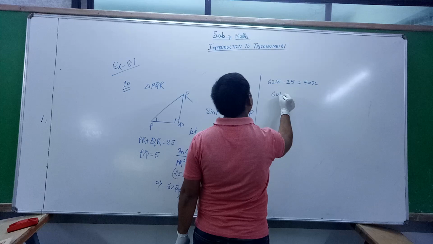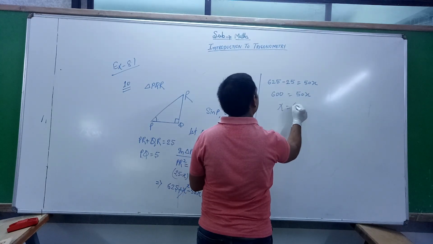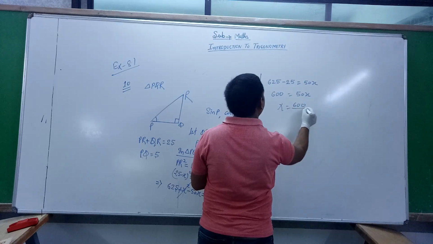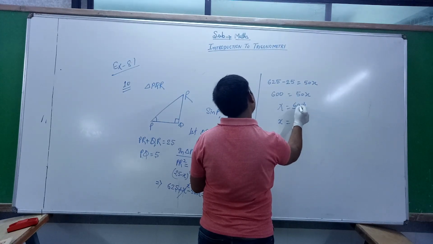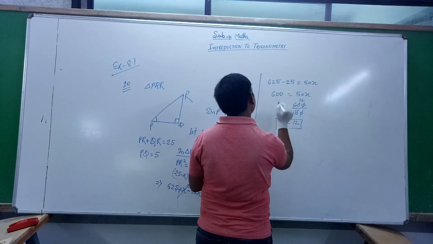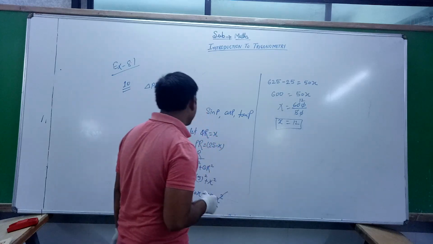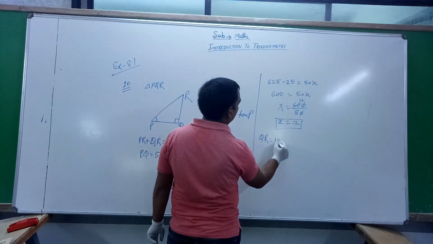So 600 is equal to 50x, and x is equal to 600 divided by 50. So x is equal to 12. If the value of x is equal to 12, it means QR is equal to 12.